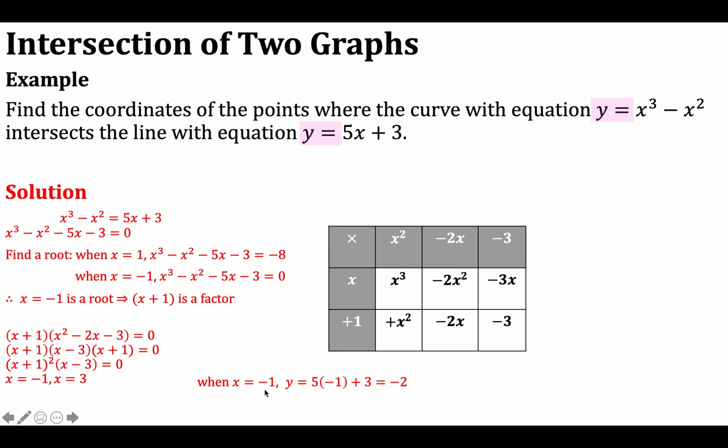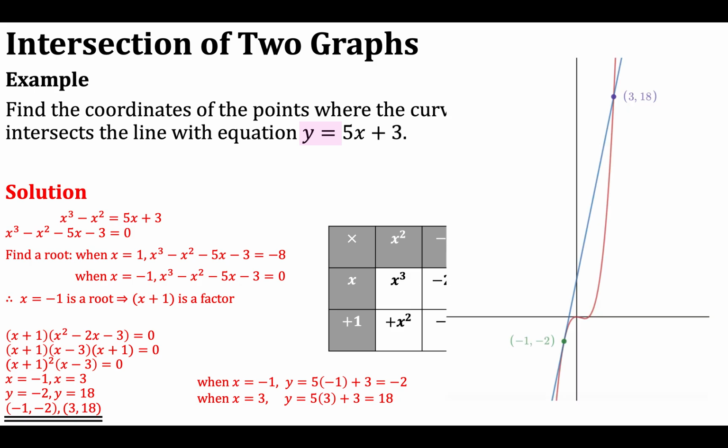So when x is equal to -1, y is equal to 5 times -1 plus 3, and that gives us -2. When x is equal to 3, 5 threes plus 3 gives me 18. So my y ordinates are -2 and 18, and that gives me the coordinates of (-1, -2) and (3, 18).